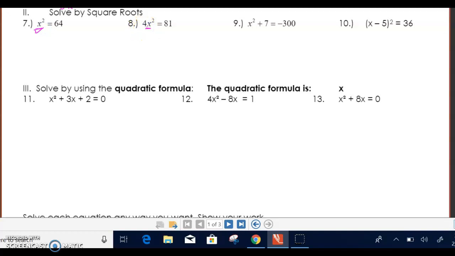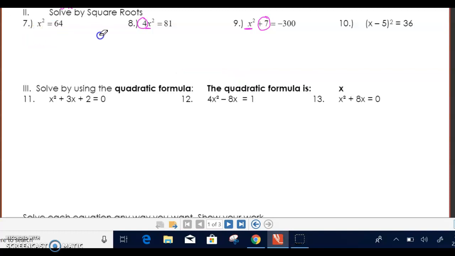This one does not stand alone. I have to do something with the 4. This x squared does not stand alone. I have to do something with the 7. So I have to have it in the form of x squared equal to something, or a square on the left equal to something on the right, in order to use the square root method.